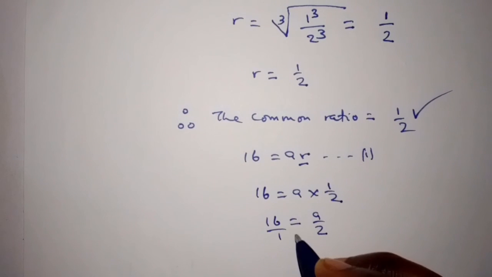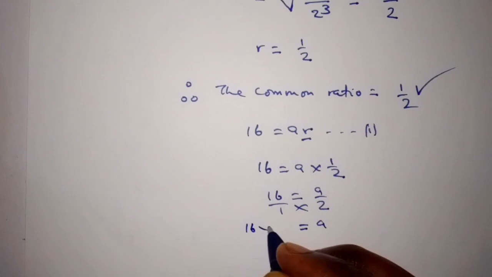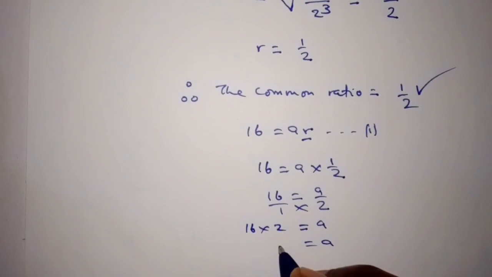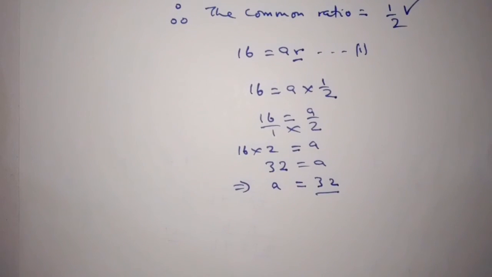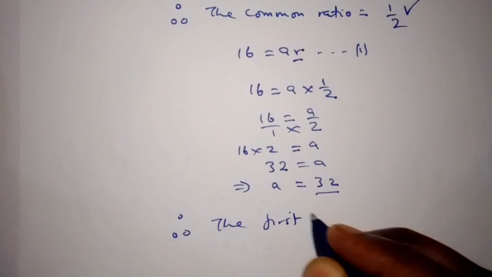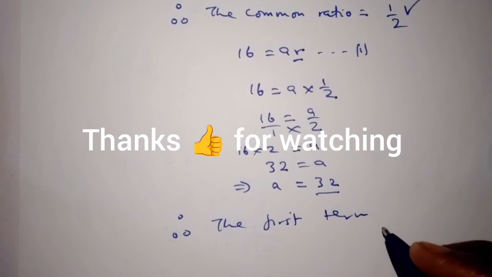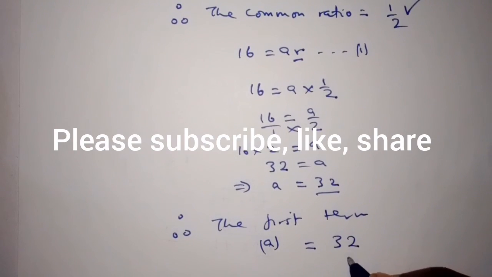We can cross multiply. a is equal to 16 times 2. a is equal to 32. So the first term, a, is equal to 32.